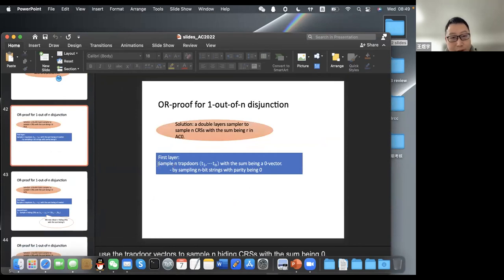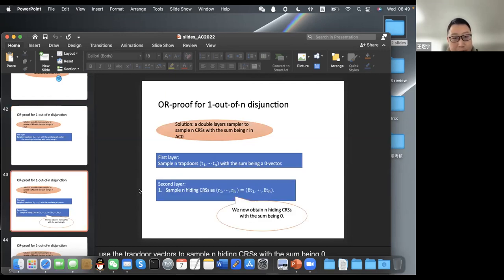Actually, in the first step, we just sample n trapdoors with the sum being a 0 vector. And this can be done in AC0 since we just make use of the D0 and D1, the D0 distribution we talked about before. And in the second layer, we just sample the NCRS by making use of the trapdoors we talked about before.